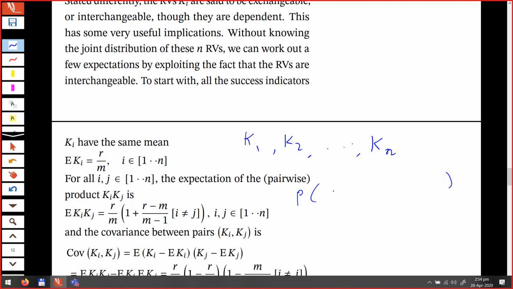I can work this out, but that's too complicated for me. For example, K1 equals 0, K2 equals 1, K3 equals 1, and K4 equals 0. You see, I do not have any formula for these complicated questions. That will be the complete joint distribution. I don't have that. I only have unconditional probabilities and pairwise probabilities.